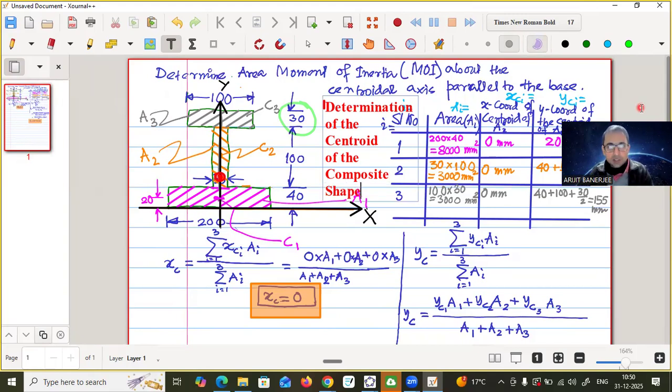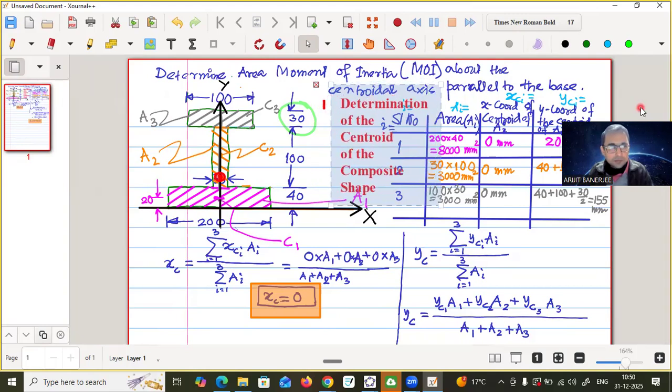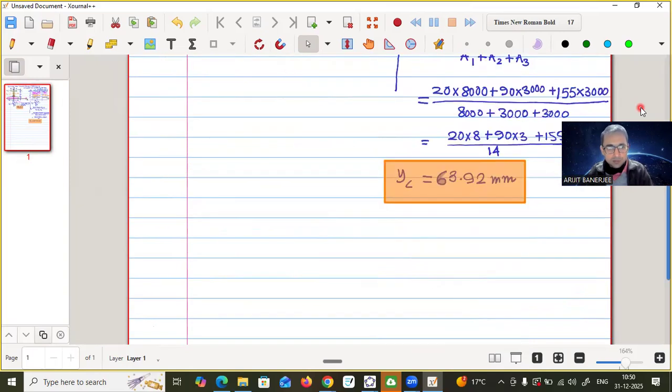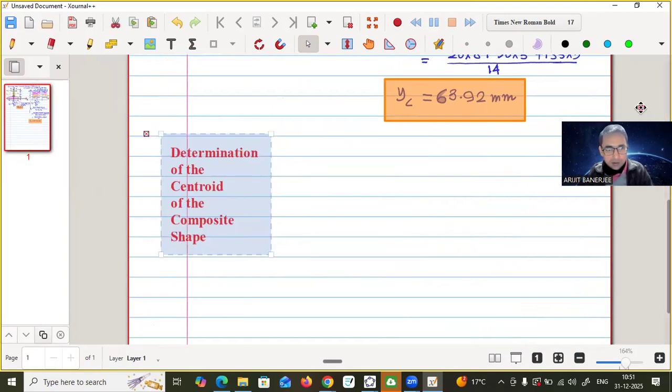The first job is this, determination of the center of the composite shape. Next job is determination of the moment of inertia of the composite shape. So let us paste it and solve it.